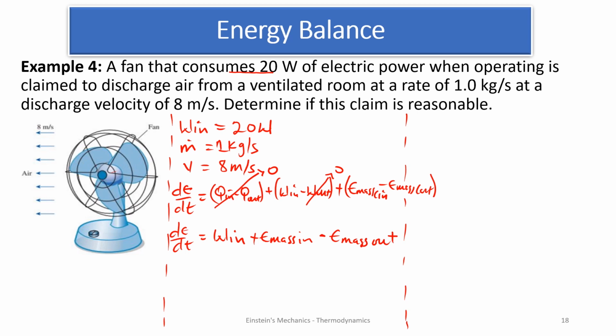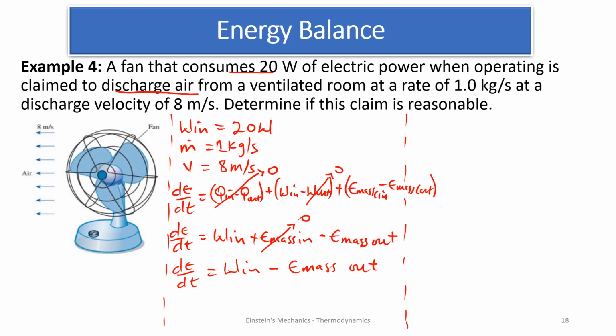Is it coming inside the fan or is it leaving? It discharges air. So energy of mass is what? Out. So meaning energy of mass inside is also going to 0. So the equation is now limited to dE/dt, work in minus energy of mass out.